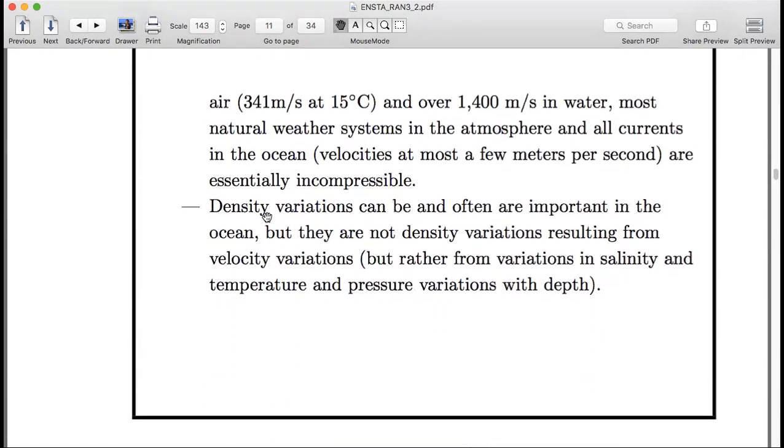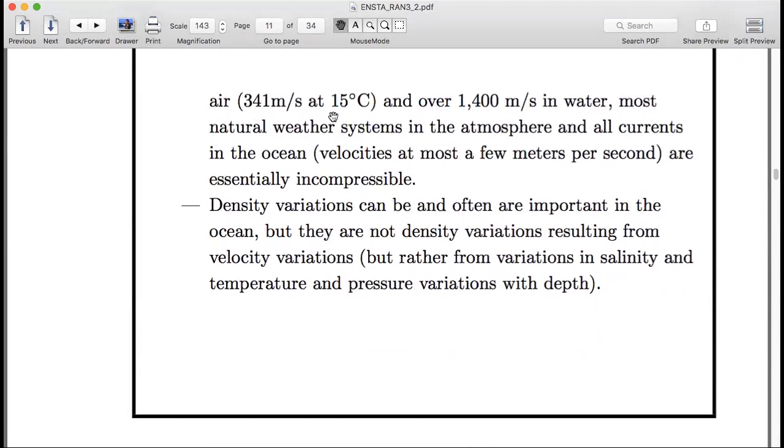Oh, here's the exact value: 341 meters per second at 15 degrees Celsius and 1 atmosphere pressure. Oh, sorry, it's 1400 meters per second in water. So all the currents in the ocean are very low Mach number, essentially incompressible.